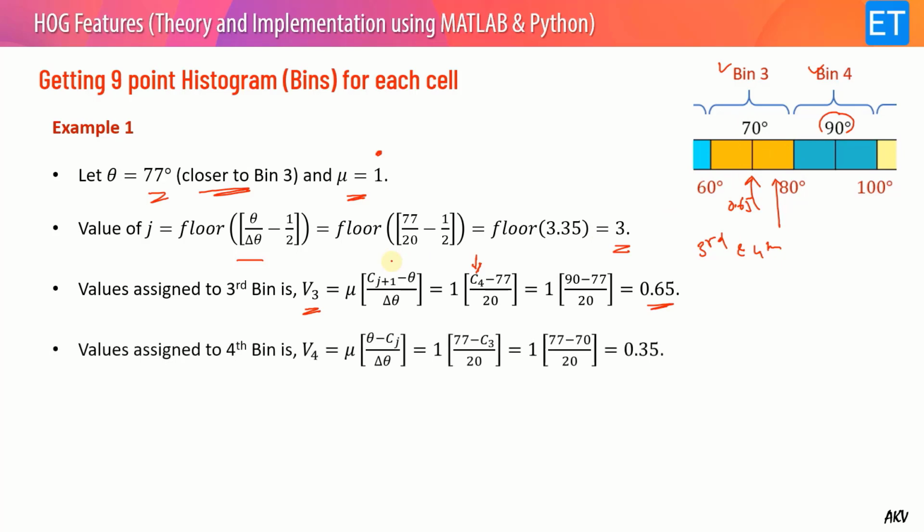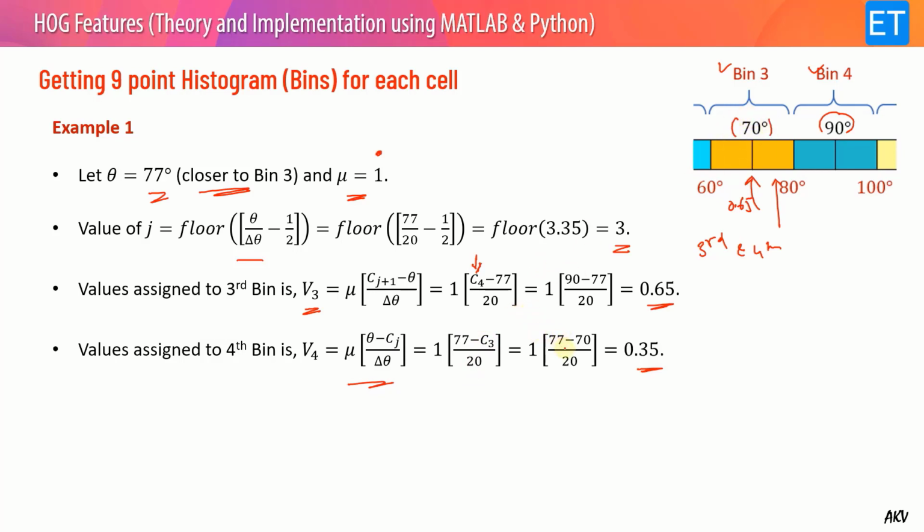And now let's see the remaining for bin 4. Of course, it will be 0.35, but if you substitute all these values in this equation, you will definitely get 0.35. That is mu times theta minus Cj, upon delta theta. Theta is 77, and C3 is the center of bin 3, which is 70.